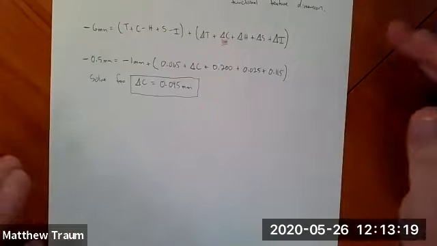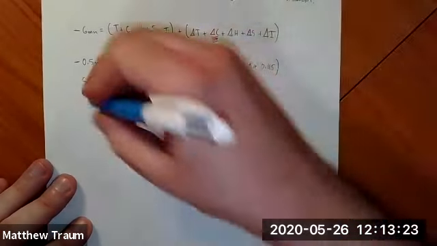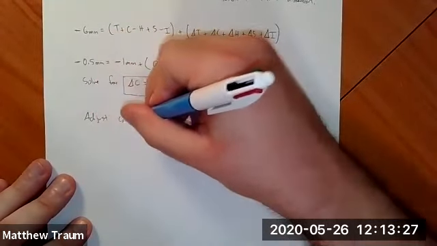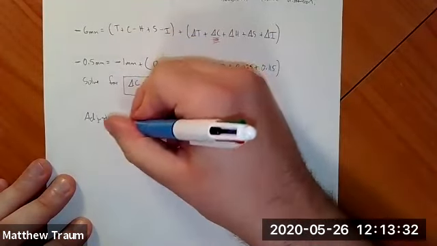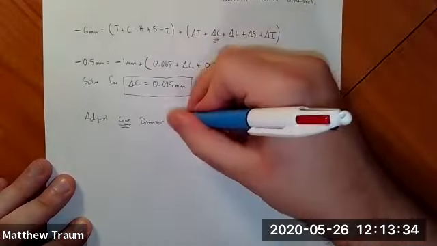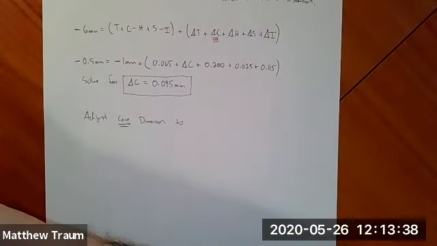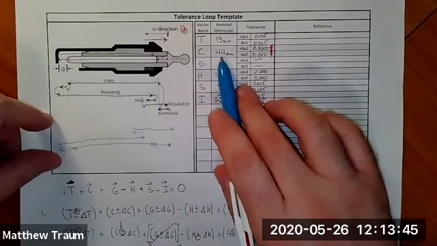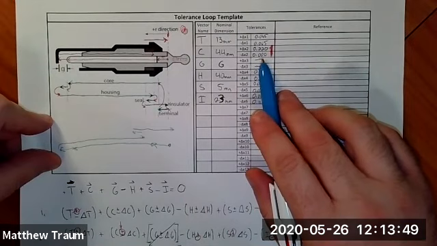Ultimately what I'm going to recommend to the manufacturer of these parts is to adjust the core dimension. The core's nominal dimension was 44. The unilateral dimension that I did not change was on the negative end, which is 0.